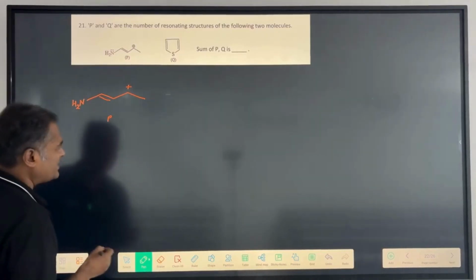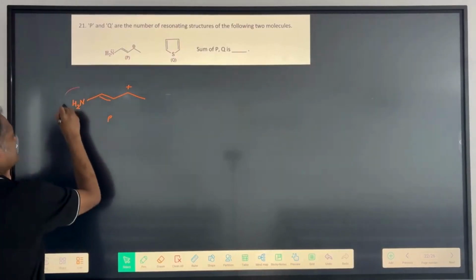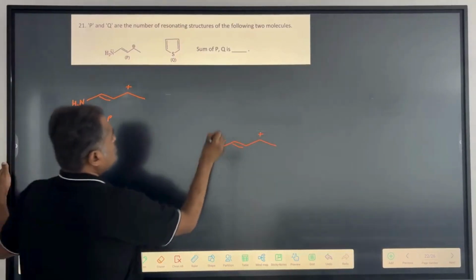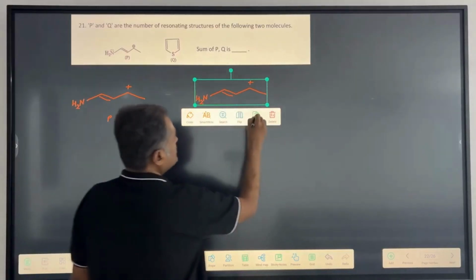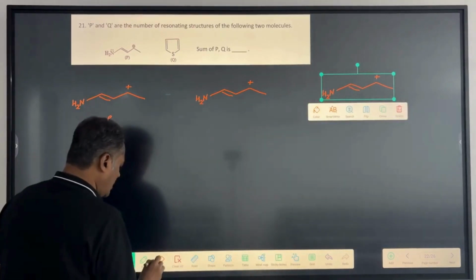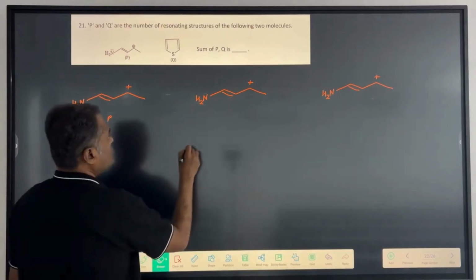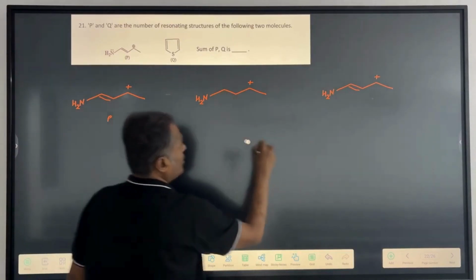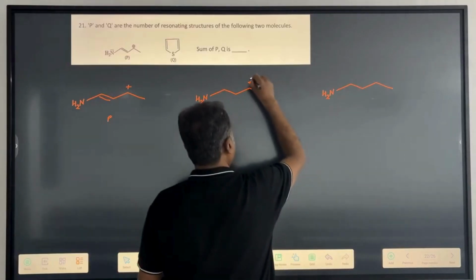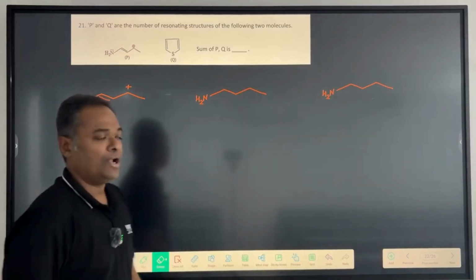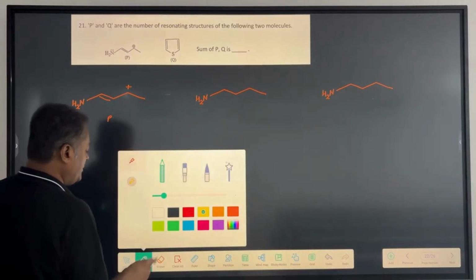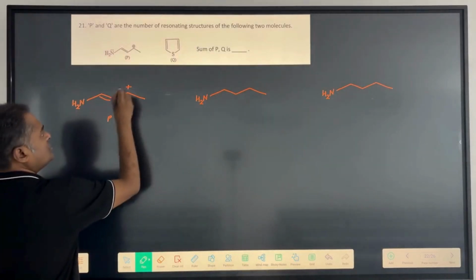Now what we know is that whenever we do resonance, child, I have told you that the skeleton would remain the same. So just copy these skeletons, and don't put a positive charge or a pi bond. First we'll remove this pi bond and this plus charge. So I've just copied the skeleton. Now how would delocalization take place, child? Over here, is the positive charge alternate to the pi bond?